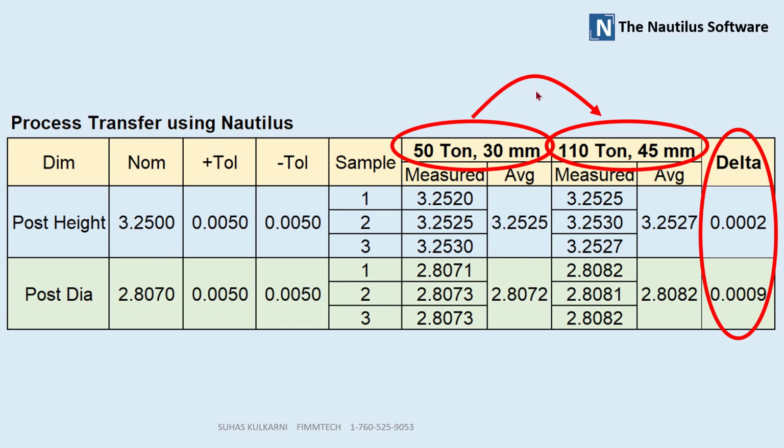And you can see by using the process transfer function, the delta in the dimension between the two machines was less than a thousandth of an inch. In fact, in the case of the post diameter, we almost hit the dimensions exactly the same on both these machines. So the process transfer function works very well. We have a lot of customers who have taken advantage of this and they don't have to redo the processes on the second machine.